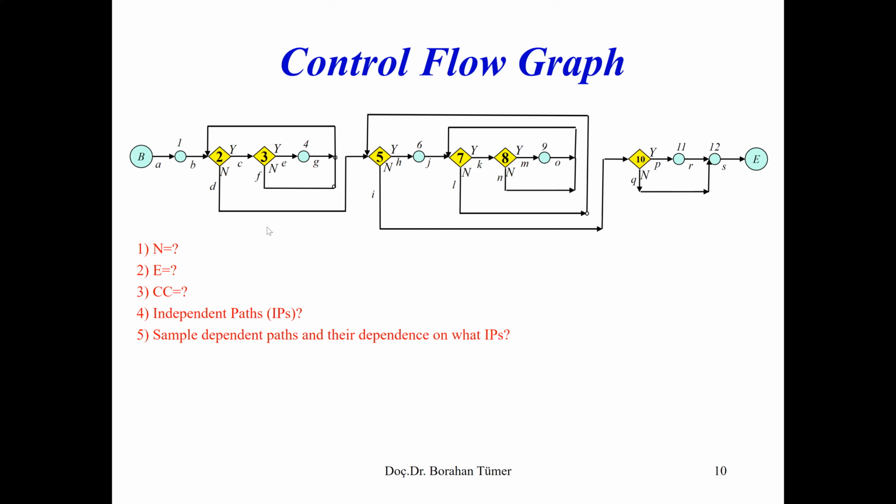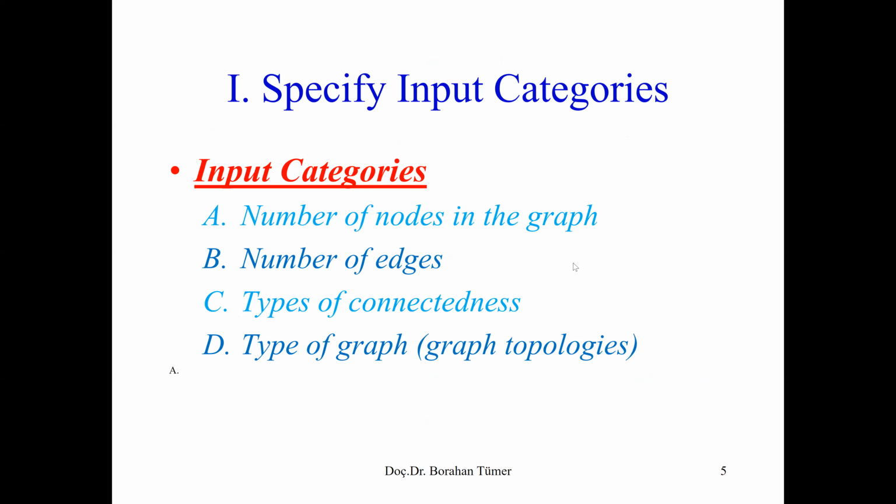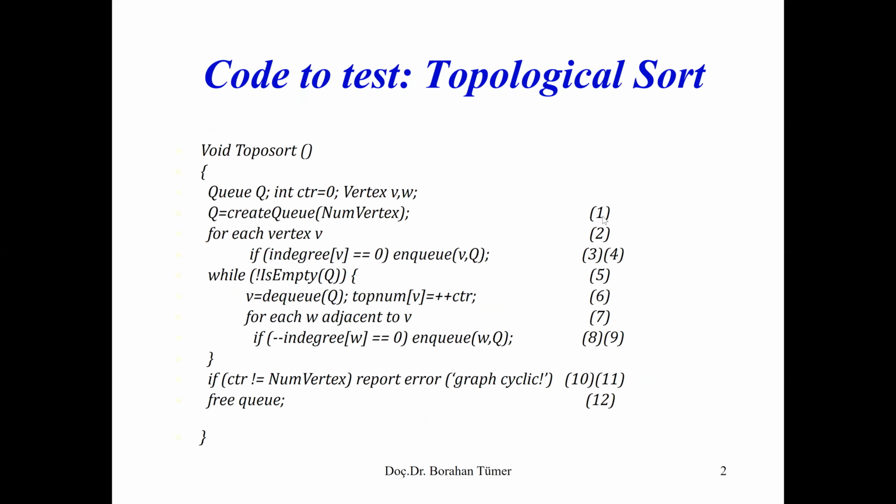This is a little more complex than the insertion sort, this topological sort control flow graph. So we have here, as you see, 12 nodes. Again, the nodes are marked with numbers 7, 8, 9, 11. We have 12 nodes, as also shown in the algorithm itself.